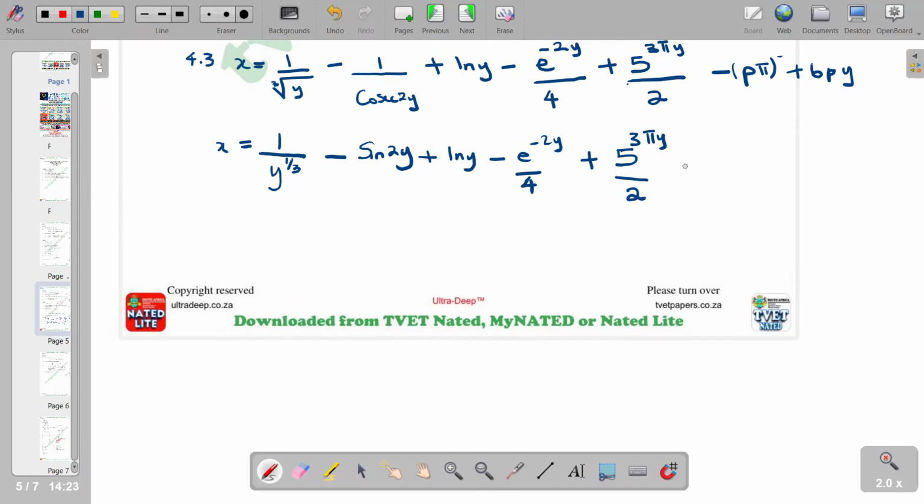Then minus p, which is raised to the power 0. Any number raised to the power 0 is 1. Then plus 6py. This is what we are having.